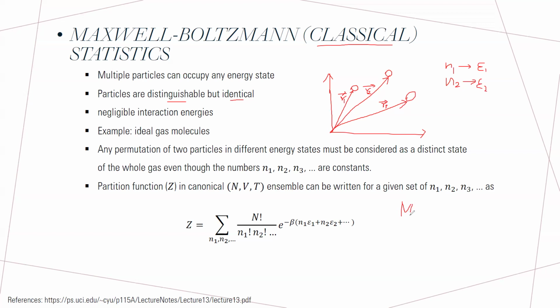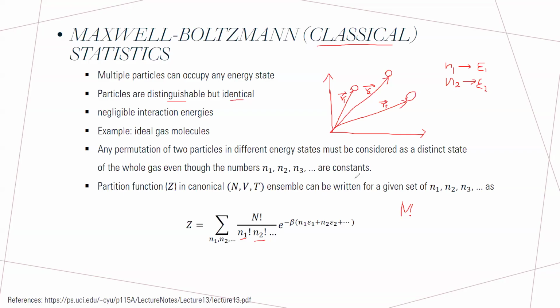We have factorial N, and we divide this by factorial n1, factorial n2, and so on, because any permutation of two particles in different energy states must be considered as a distinct state.